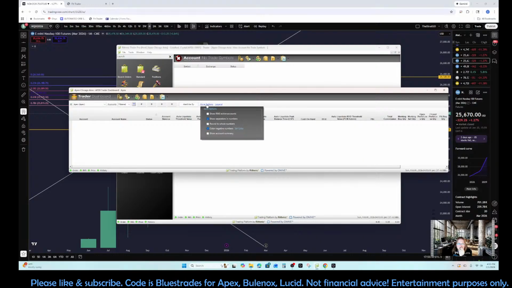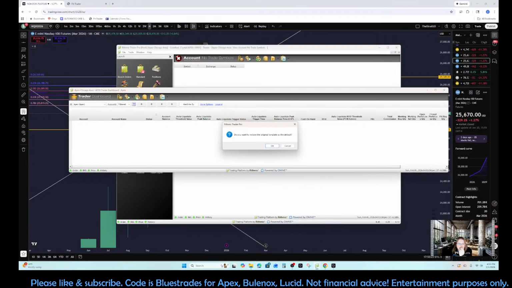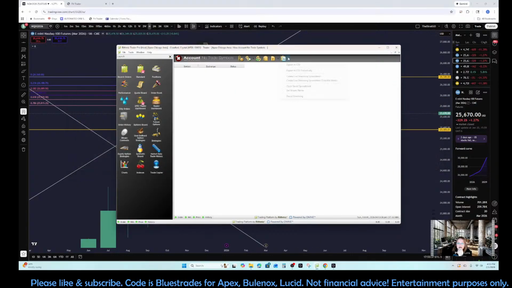More options. Legend. Yeah, I don't see where I can do that. I'll have to do a little bit of research and see if there's a way to potentially limit the number of contracts you can use in RTrader Pro, because I'm not sure.